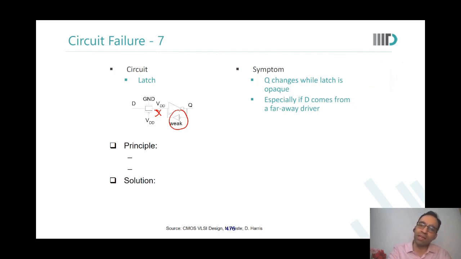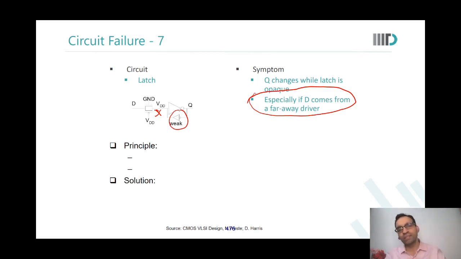But then what about this second input? How does this figure in? See, Q changes when the latch is opaque, that is a noise margin issue. You would want to make the feedback a little stronger. Second input, does it have any significance?